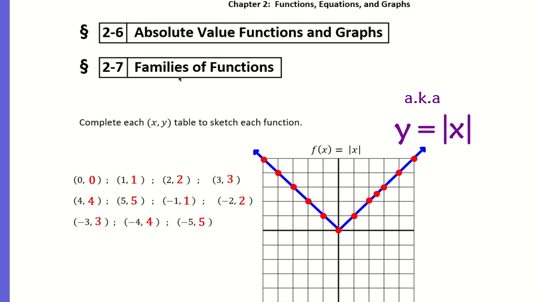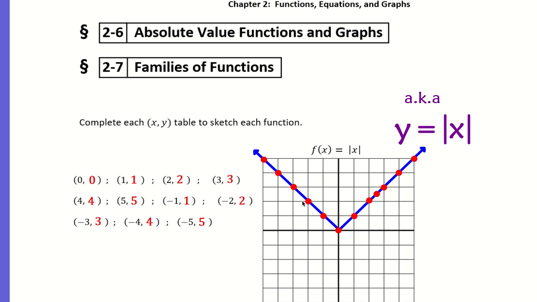Hence the word families of functions over here. You can't get any more basic, any more plain, than just y equals the absolute value of x. That's called the parent function.